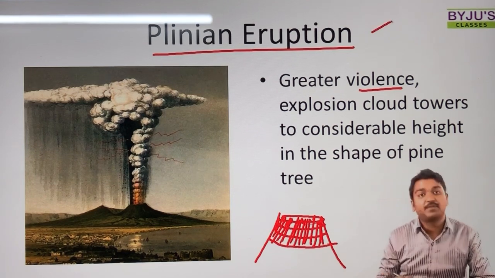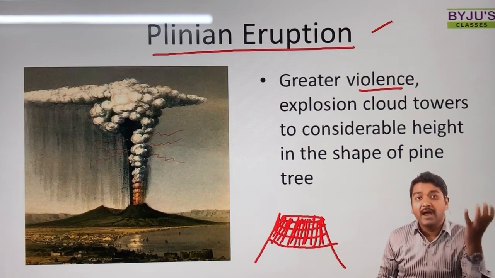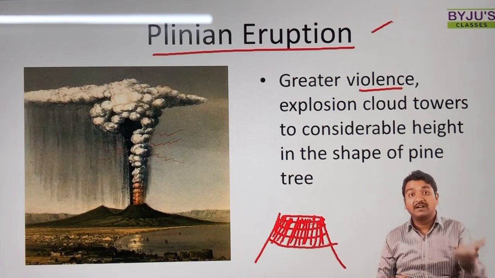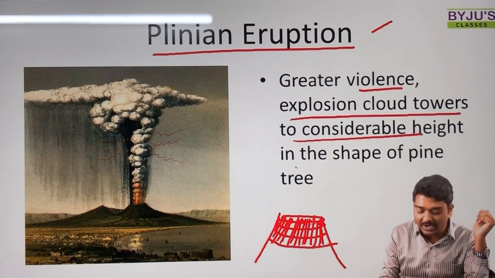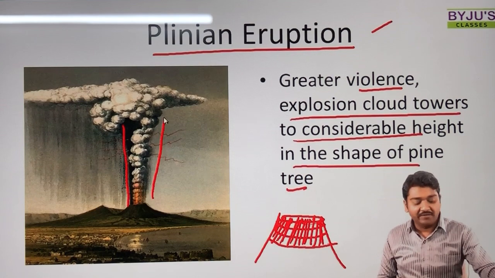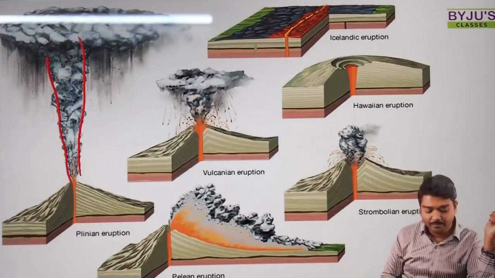So in Plinian eruption, the gases come out and form clouds to a great extent. Explosion cloud towers to considerable height in the shape of a pine tree. Can you see this?